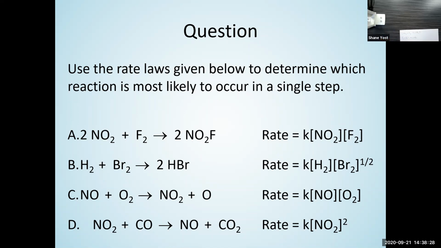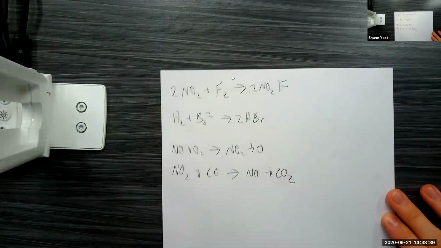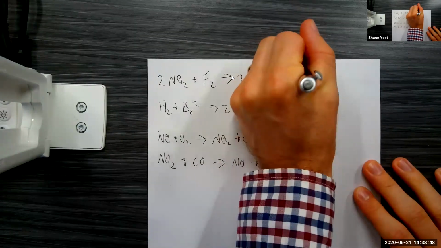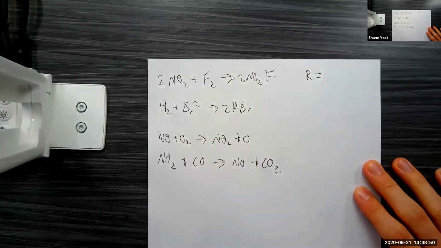All right. So let's write out, if we assume these four chemical reactions are all single step reactions, so these are effectively elementary steps, they just occur in one single step, what is the rate law going to equal for each one of these?